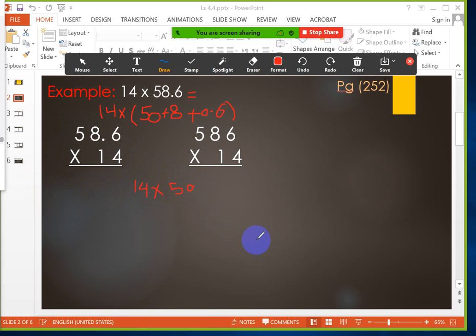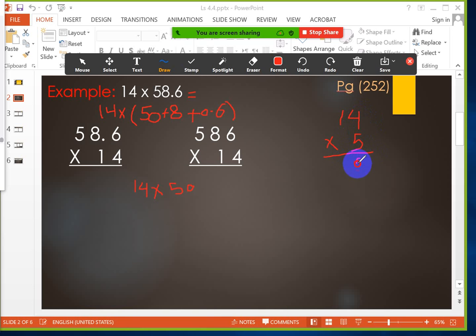What's the answer for 14 multiply 50? If I want to find the answer for any number multiplied with 10th number, I will multiply 14 with 5 and put 0 next to the answer. So let's multiply 14 with 5 right here. 14 multiply 5. 5 multiply 4 equals 20.